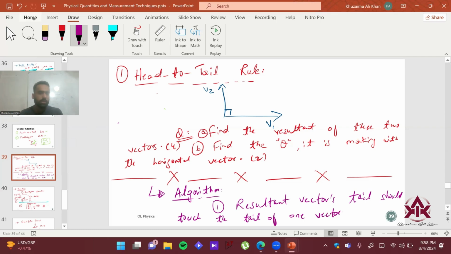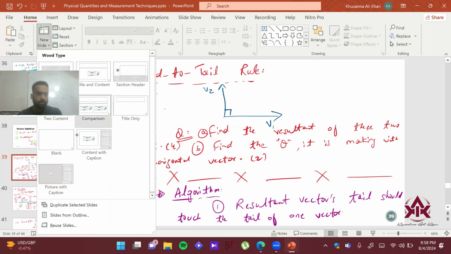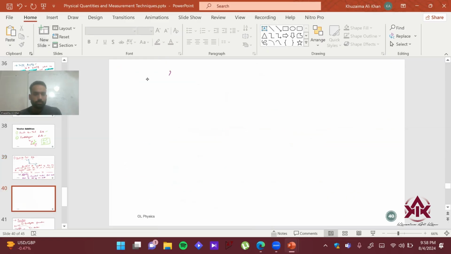The second step: the resultant vector's head should touch the head of another vector. I will explain what the head and the tail are in a while, don't be scared.